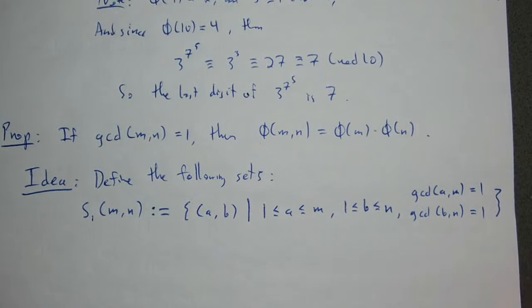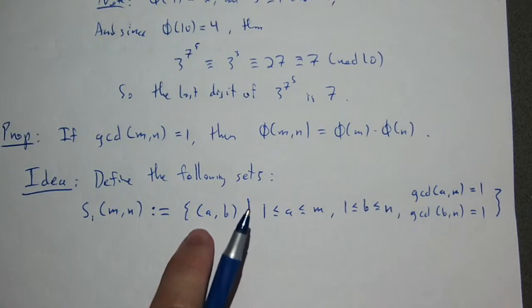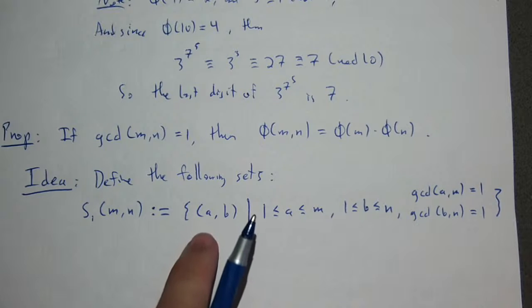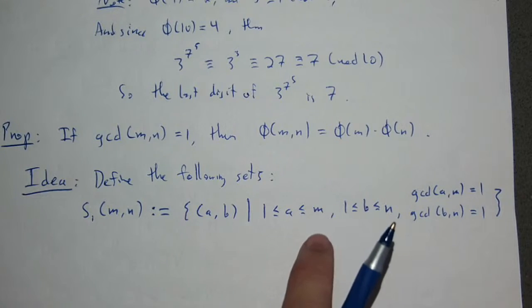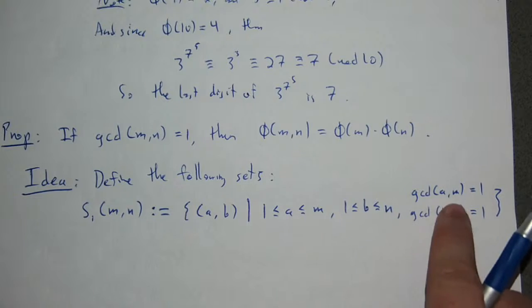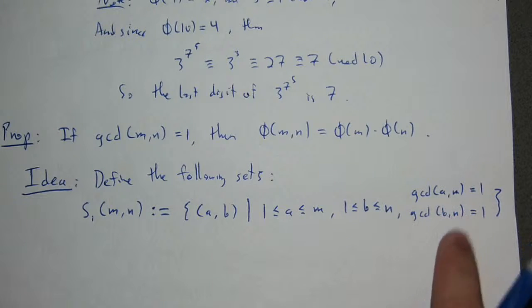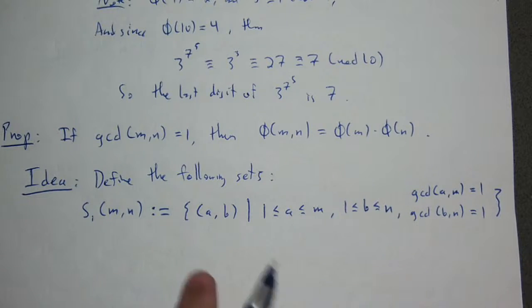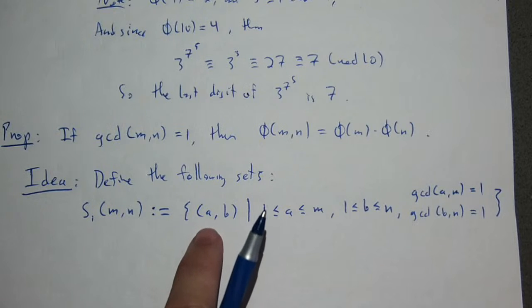So let's think. The first slot here counts all of the integers a between 1 and m that are relatively prime to m. Nothing else about this definition affects that first slot a.